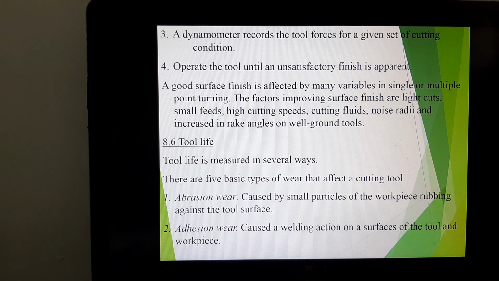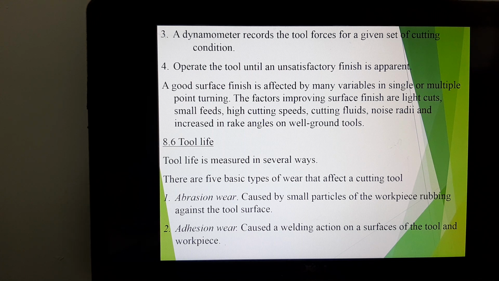Verbally I can say the frictional force is high, but what do you mean by high? How much is high? How do you measure this? You can use a dynamometer to record the tool forces in a particular cutting condition. You'll be able to detect how much frictional force is generated, how much shear force is generated, and so on and so forth.